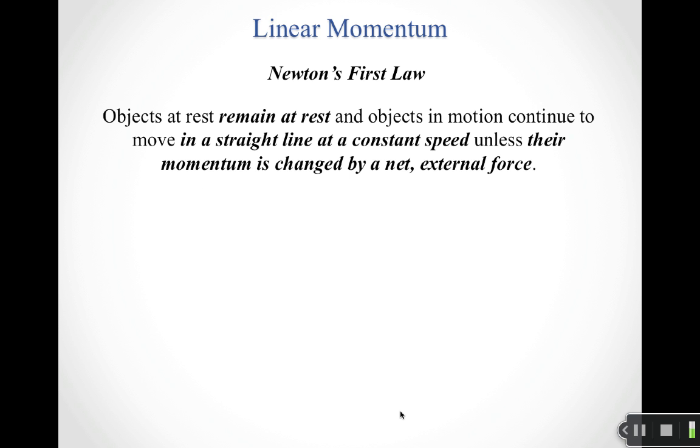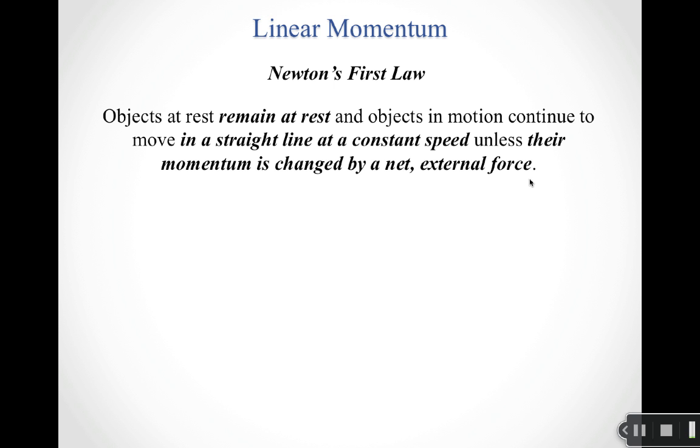All right. So the idea of momentum foundationally connects to what Newton was trying to tell us. One thing we can do now is come back and rewrite Newton's first law so that it says objects at rest remain at rest, and objects in motion continue to move in a straight line at a constant speed, all that's the same, unless their momentum is changed by a net external force.